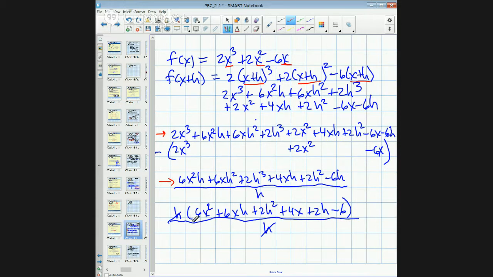By the way, you're going to get used to this. H factors out of the top. And then, voila, you can cancel and you won't have a denominator. So this thing in parentheses here is your difference quotient.